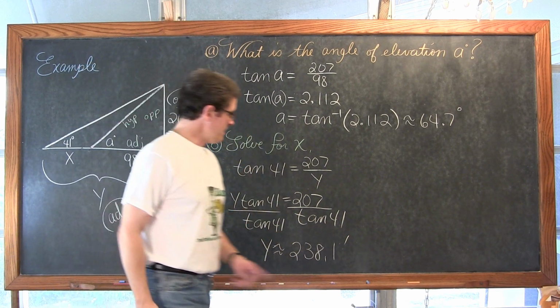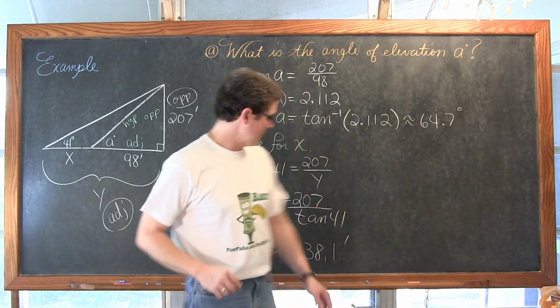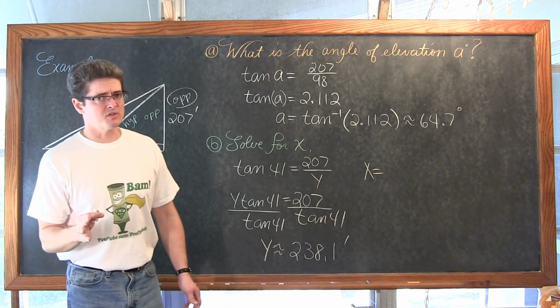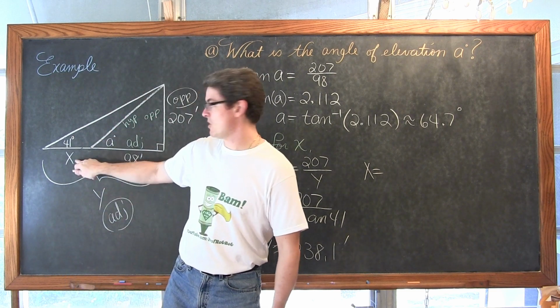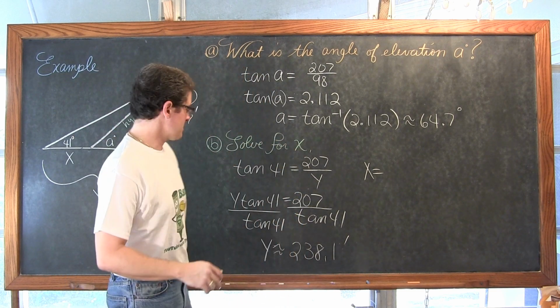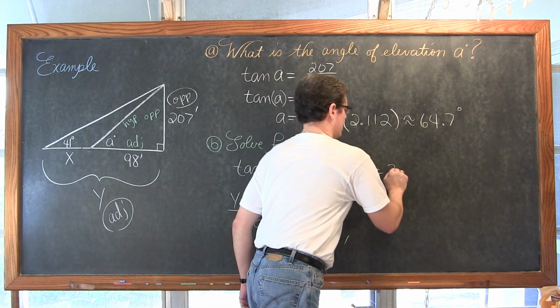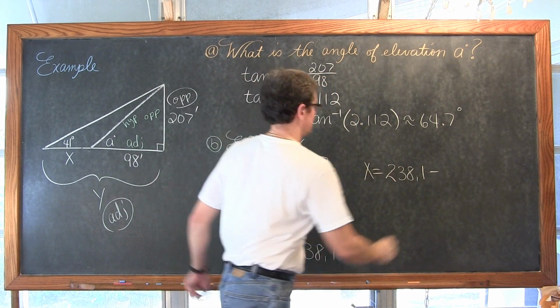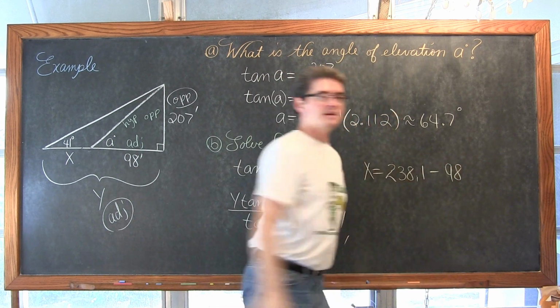So if the entire leg is 238.1, then x, make sure you answer the question, we are only looking for the small segment here. So x is going to be equal to 238.1 minus 98.